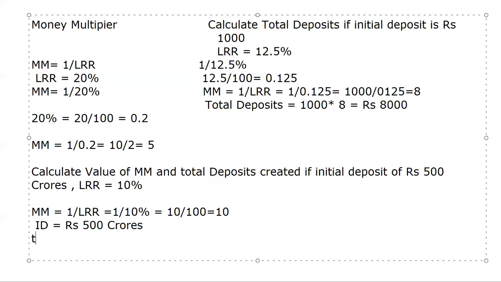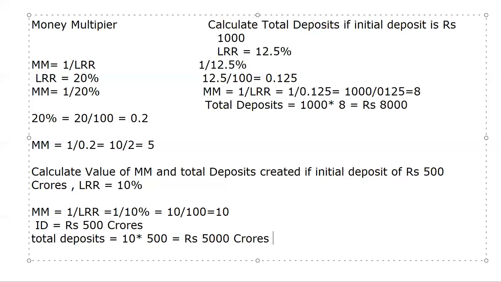So total deposits would be equal to 10 into rupees 500 crores, and it would be equal to rupees 5,000 crores in the economy. So the question can be given in any of the forms.